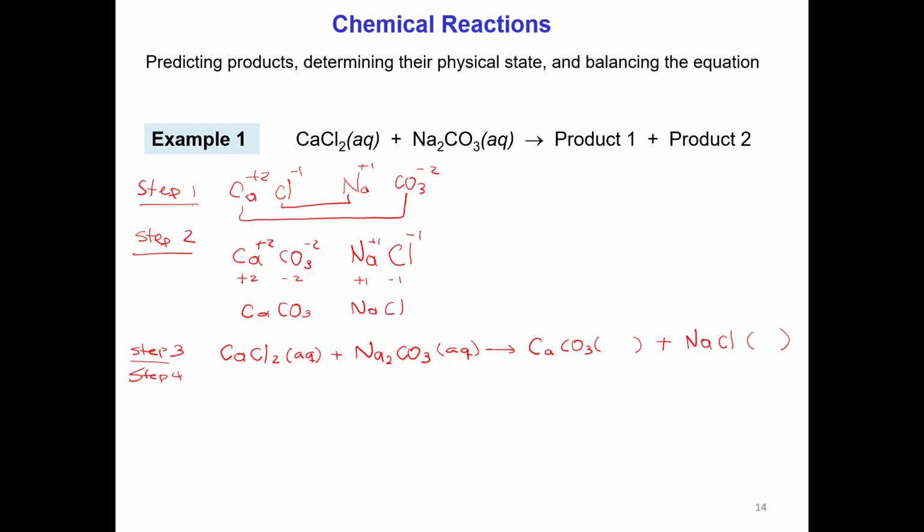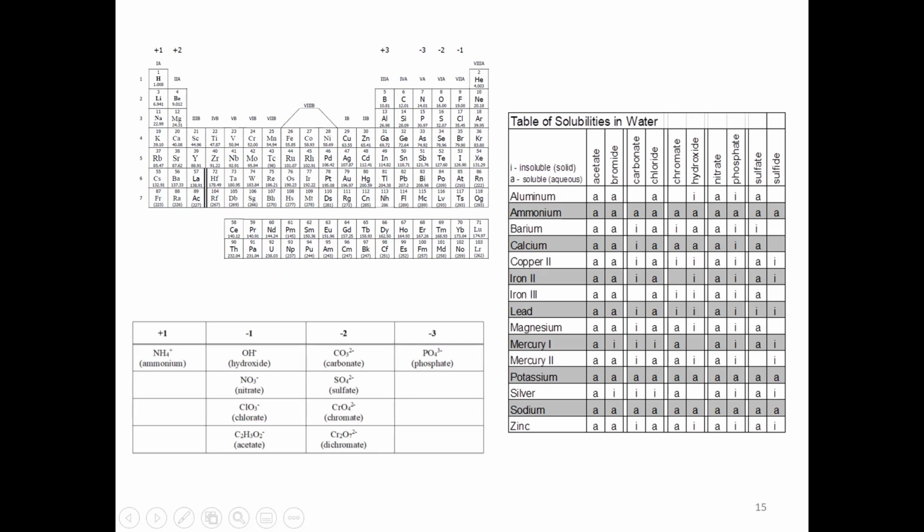We need to find what is the physical state for the product, and for that we will use this table we had in our equation sheet. Let's go here. We had calcium carbonate. This I means it's insoluble, which means it's solid. Yes, calcium carbonate is just here, and we know this one is solid.